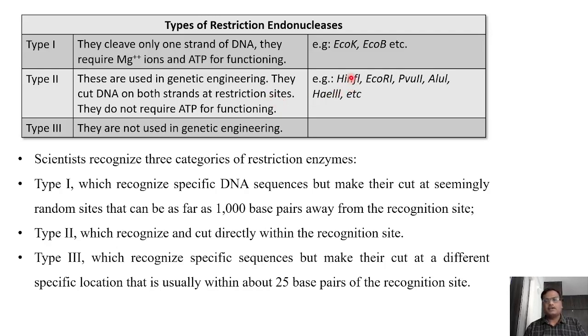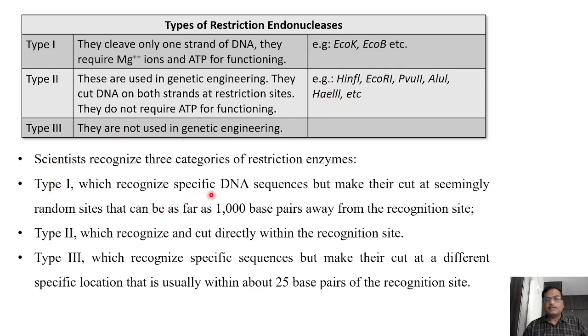As I already told you, more than 3,000 are identified, and more than 200 are available in the market, like HinfI, EcoRI, PvuII, AluI, HaeIII. The name basically refers to the bacteria from which it is isolated, like Hae, it is obtained from Haemophilus bacteria.